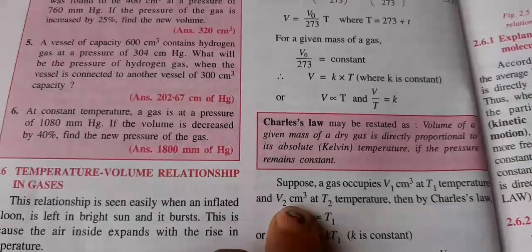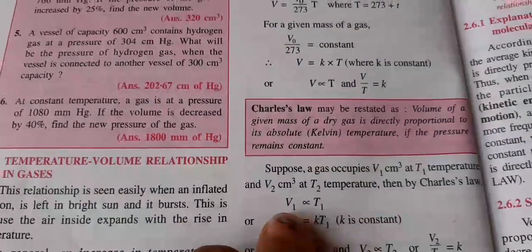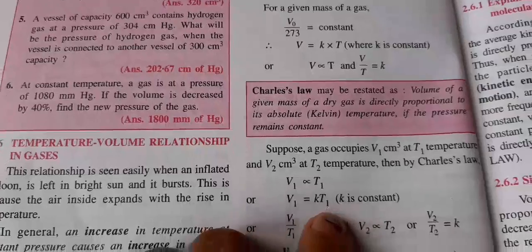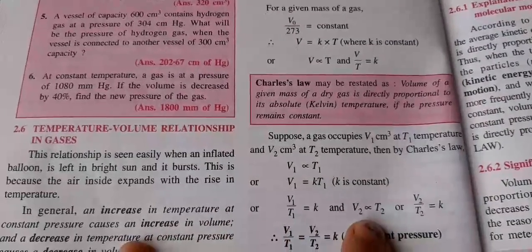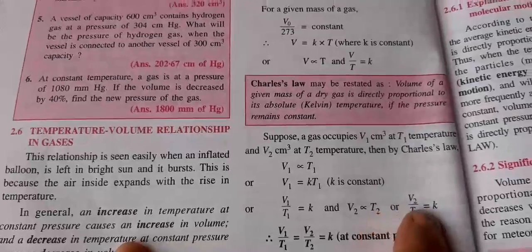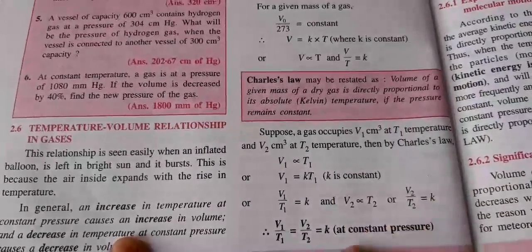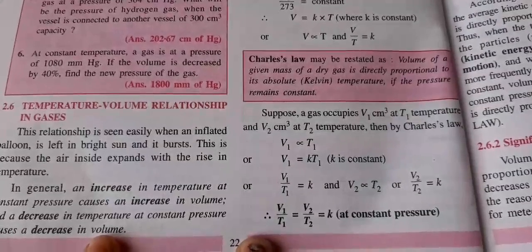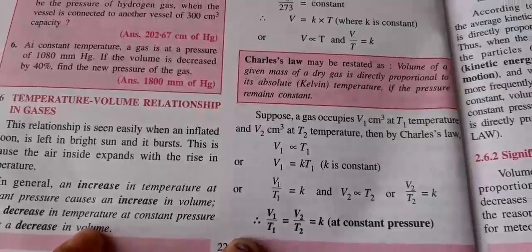Similarly, V2 is another volume, and T2 is another temperature for the same gas. So V1 is directly proportional to T1, so V1 is equal to KT1, or V upon T is equal to K. Similarly, for V2 directly proportional to T2, V2 upon T2 is equal to K. And as both of them are constant, we can relate them: V1 upon T1 is equal to V2 upon T2, K being constant at constant pressure.